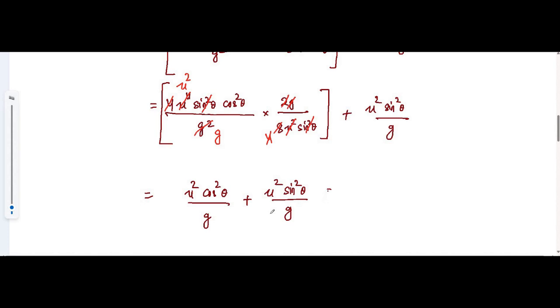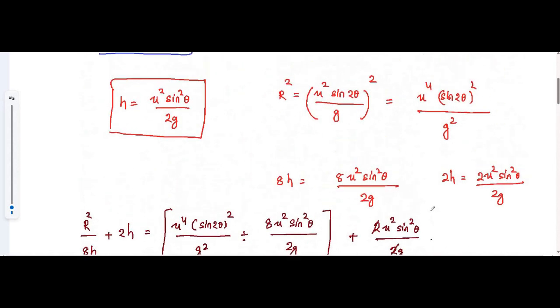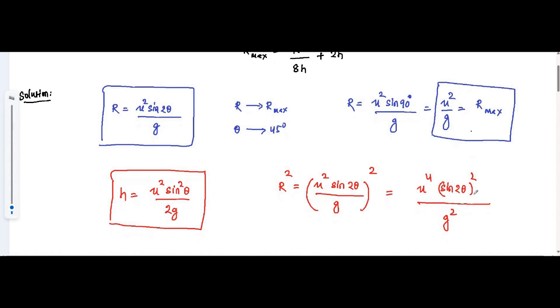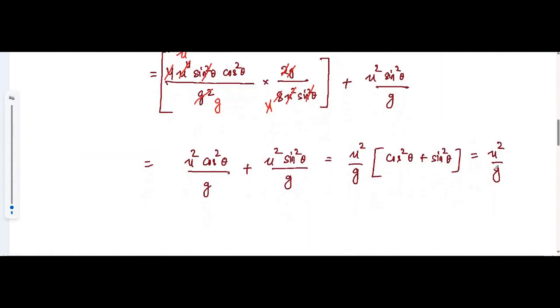So from this u square by g we can take common, cos square theta plus sine square theta, this is equal to 1, so it becomes u square by g. Now what is u square by g? Here u square by g is the maximum range, which is equal to R max.